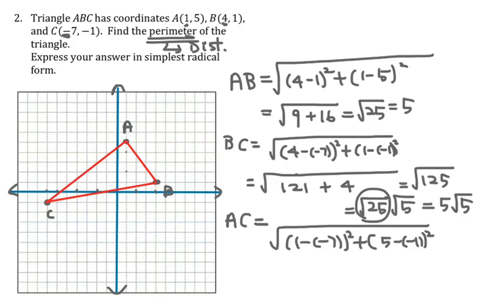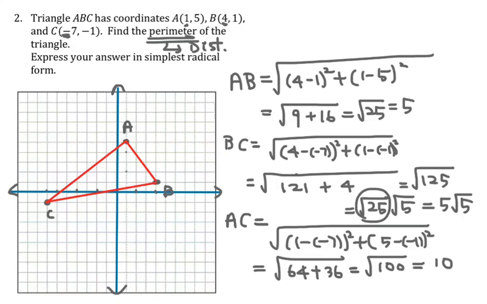Then what do we end up getting? That's right, so 1 minus negative 7 is 8. Squared becomes square root of 64. Plus 5 minus negative 1 is 6. Squared becomes 36, which ends up being square root of 100. And square root of 100 is equal to 10.